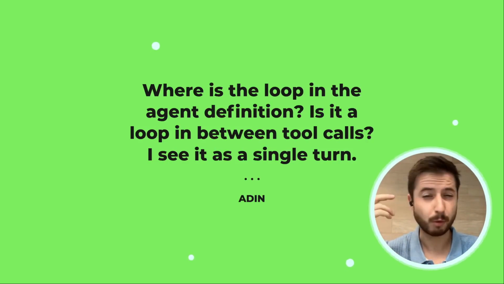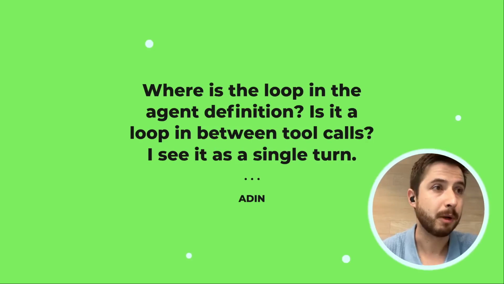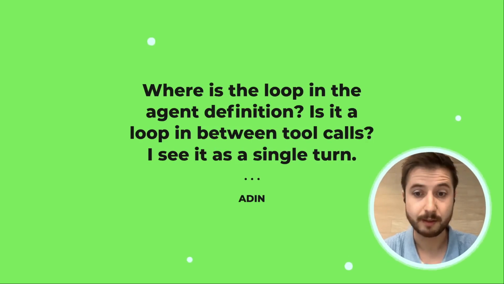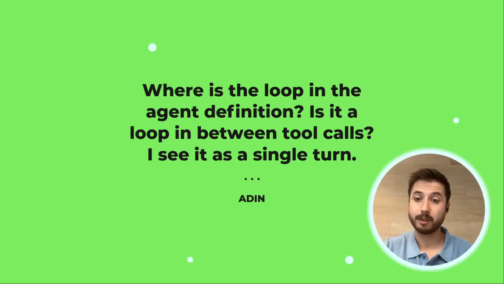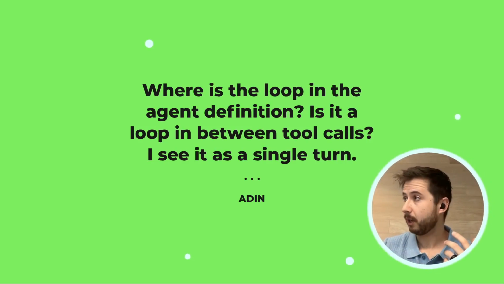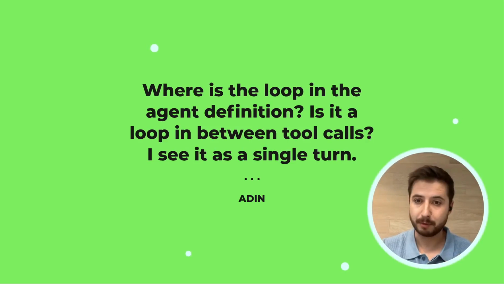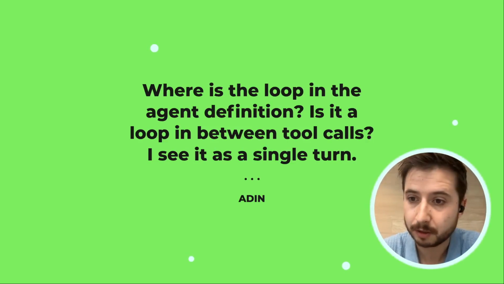And you could basically do a while tool call, run the tool, and then feed that back to a model again. But in the OpenAI SDK, they just call it an agent. So you give the agent an input, and then that agent will do as many turns as it needs before yielding an output to you.